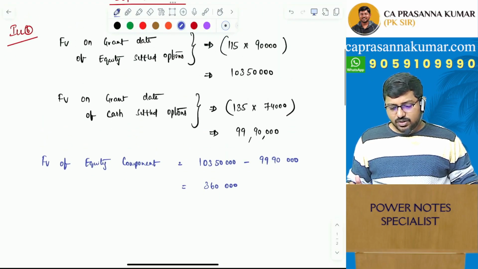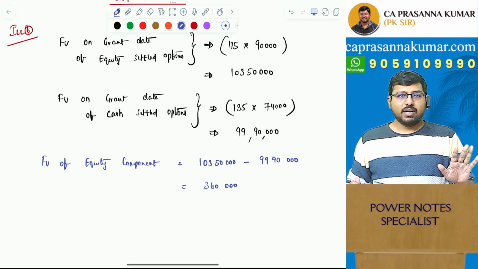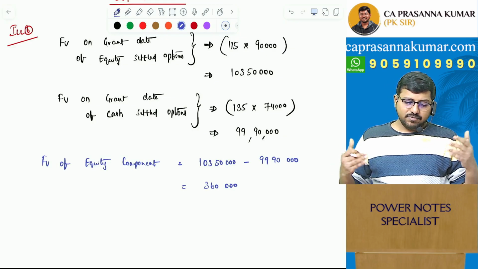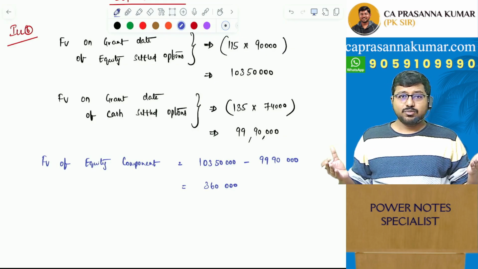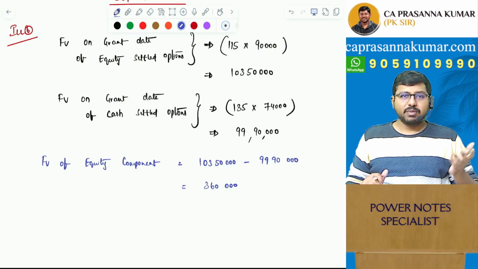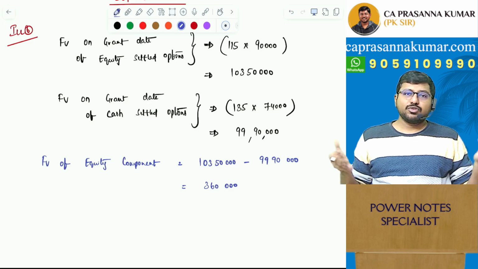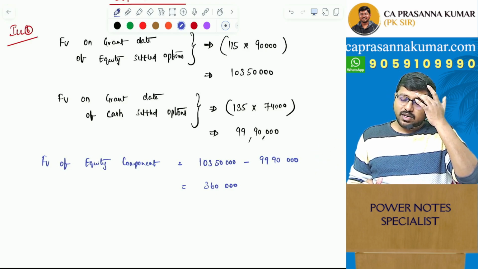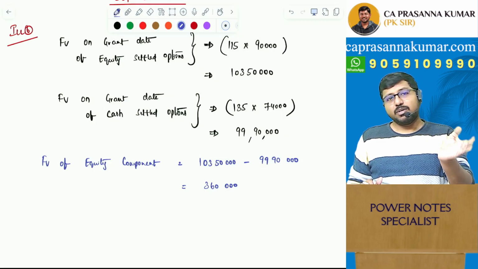Now we will do accounting based on SAR only, right? So we know the concept. We'll do accounting based on SAR only. Later, if the employee chooses cash settled option, then we are very happy because we have done accounting based on SAR and we'll be having SBP liability. But all of a sudden, if the employee chooses equity option, then we'll have a problem. Then we have to shift everything that we have created in SBP liability to SBP reserve.